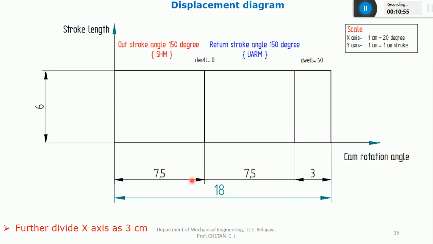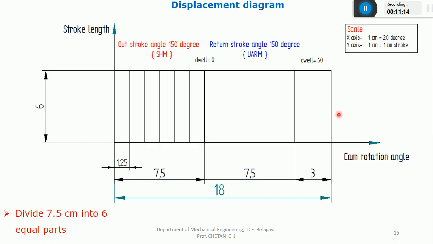So after this, I need to divide this outstroke, which is having a distance of 7.5, into 6 equal parts. So how much is it? 7.5 by 6, I think it is 1.25, right? Correct. So I'll divide this outstroke, that is 7.5, into 6 equal parts, and each division will be 1.25, 1.25.